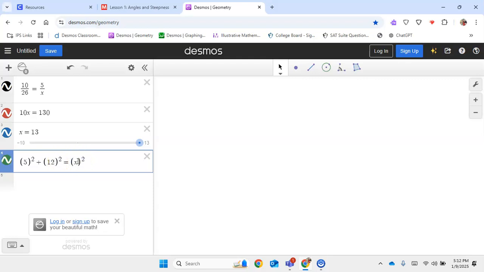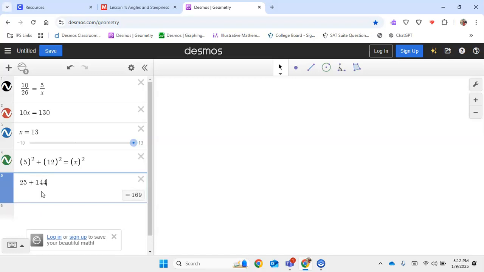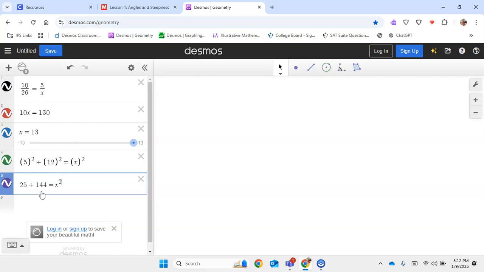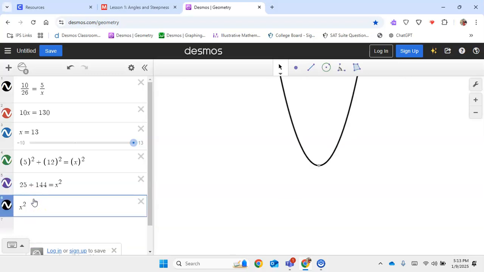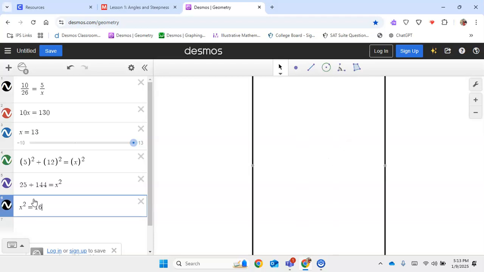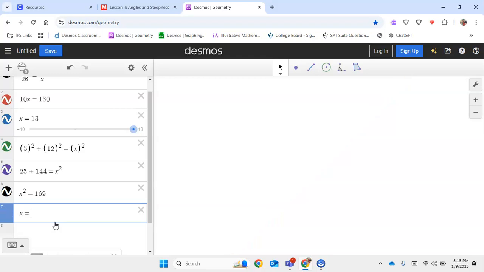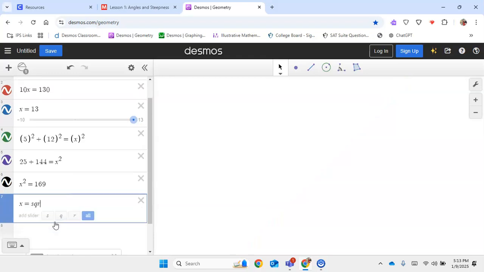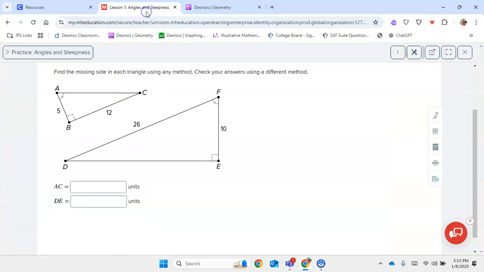C is x. 5 squared is 25. 12 squared is 144, and that equals x squared. 25 plus 144 is 169. The square root of x squared is x, and the square root of 169 is 13. So segment AC is 13.